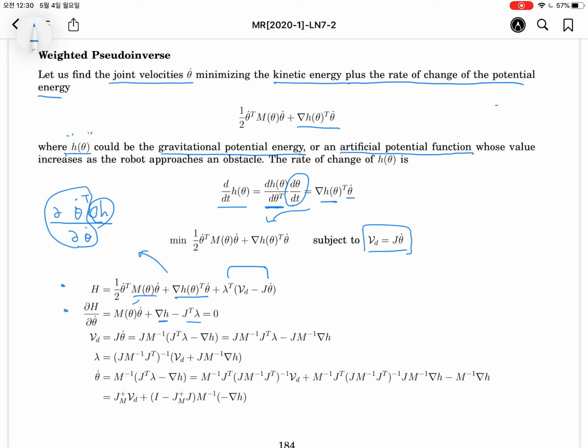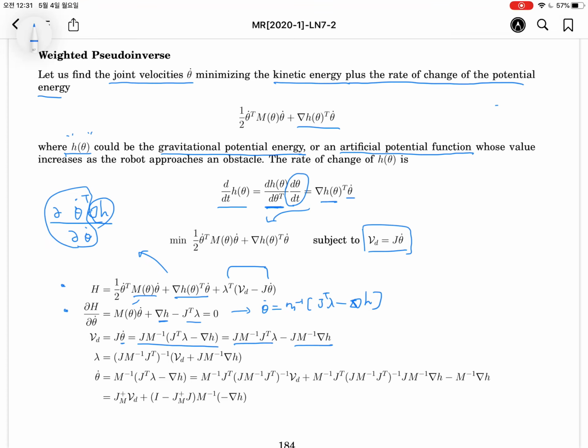We have shown it already on the previous page. So it is equal to J transpose lambda. Okay, from here, theta dot will be M inverse J transpose lambda minus gradient H. This term is applied to here, so we have this equation.